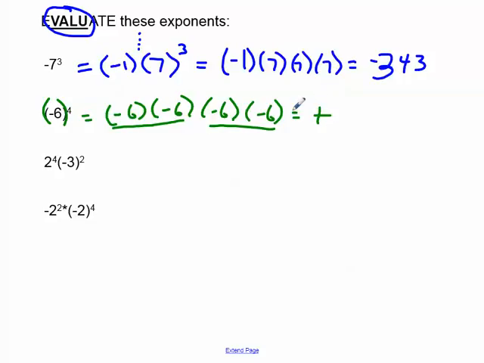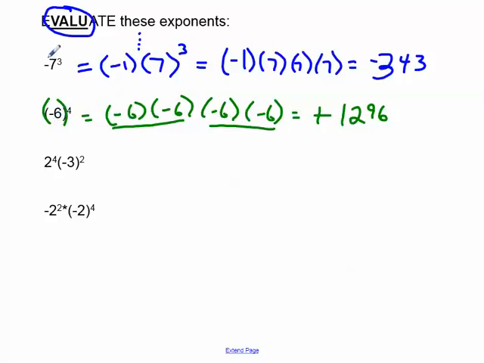Usually we don't write this, but I'm going to write it down just for clarification purposes. 6 times 6 times 6 times 6 is 36 times 36, and that's 1,296. That's my evaluation. If you're using a calculator, make sure you put the parentheses around the -6.